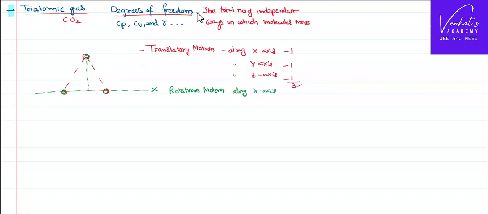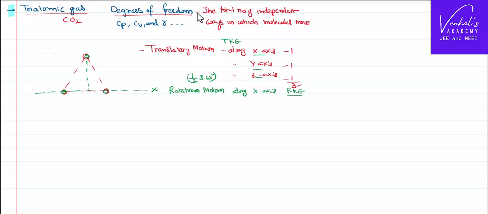Here they possess translatory kinetic energy along the x-axis, y-axis, z-axis. Here they possess rotational kinetic energy, half I omega square, along the x-axis.